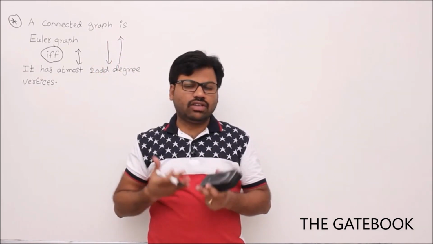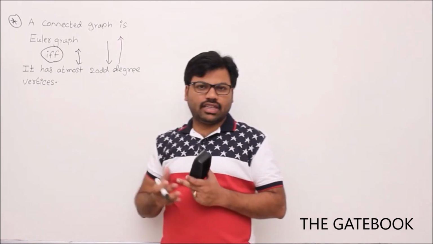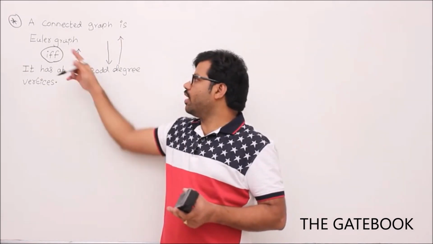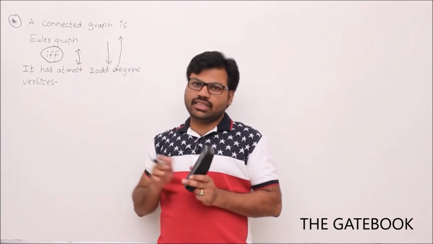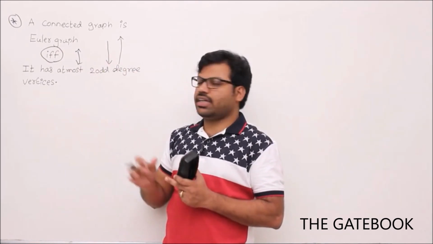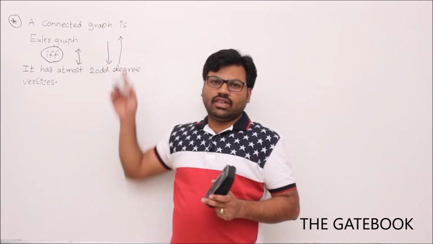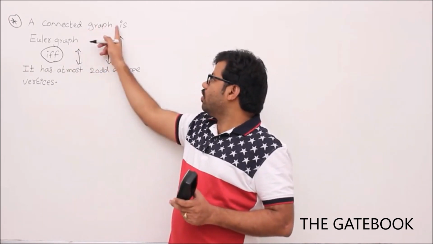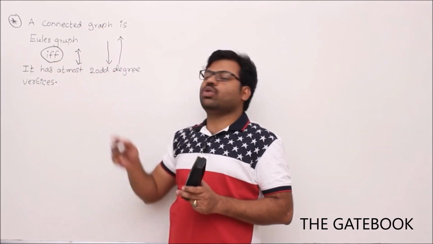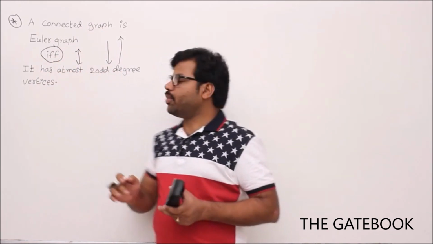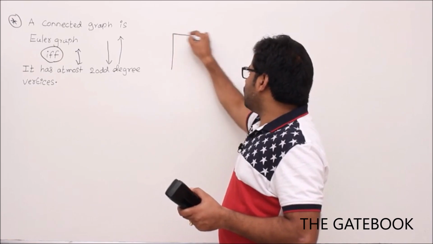That part is a little bit complex, so I am not proving it, but you remember it as a result. In the GATE exam, remembering this result is sufficient. Just remember it. What is the theorem? In a connected graph, it is an Euler graph if and only if it has at most 2 odd degree vertices.